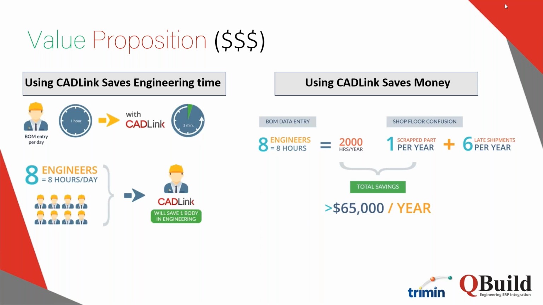And then you also have maybe 6 late shipments per year as well. With the introduction of CADLink, you're reducing that time from over 2,000 hours per year to just a couple of hours per year, and you're eliminating a lot of that shop floor confusion. So that's adding up to over $65,000 per year in total savings.